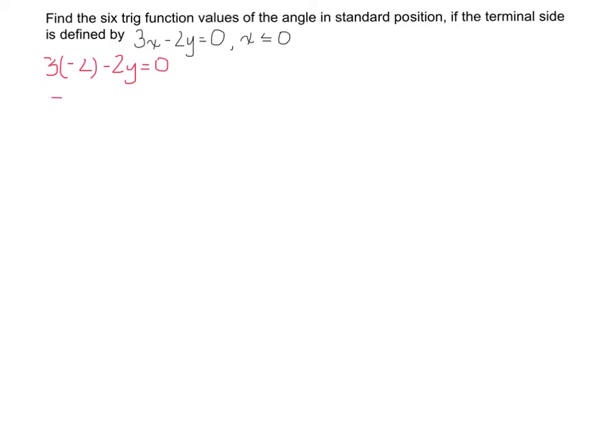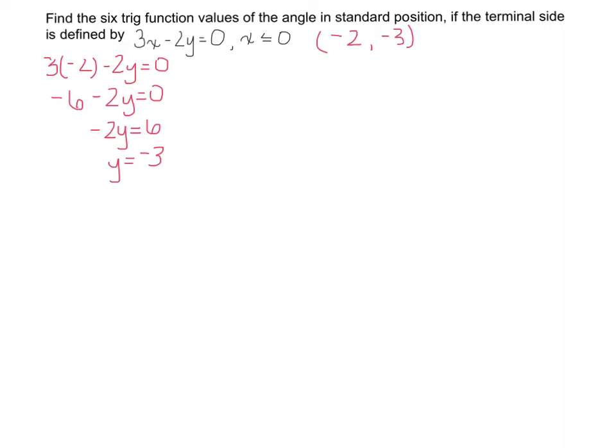So this gives me -6 minus 2y is 0. -2y is equal to 6. So y has to be -3. So my coordinates are -2, -3. I now need to solve for r.